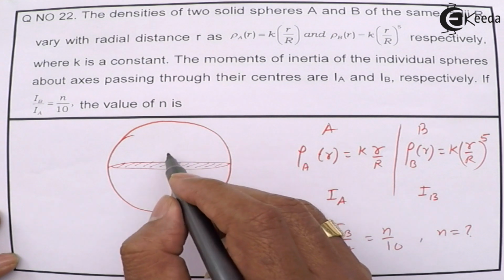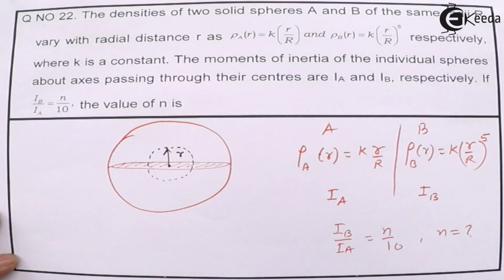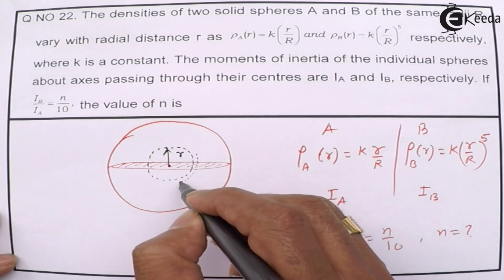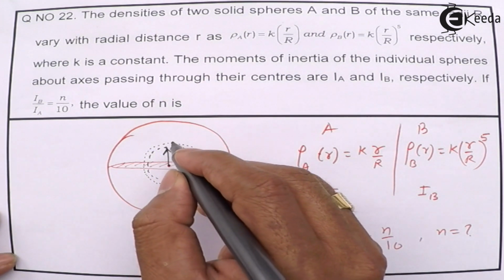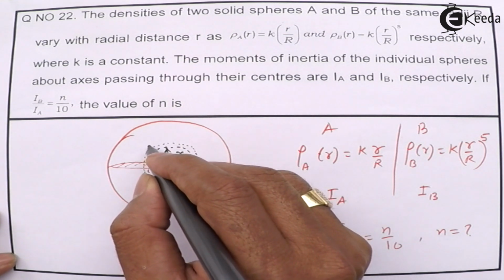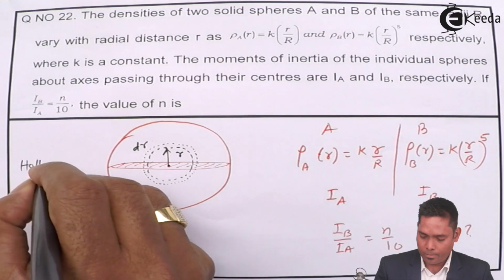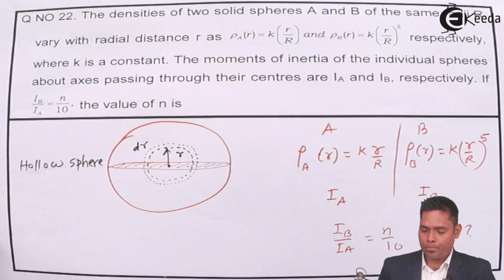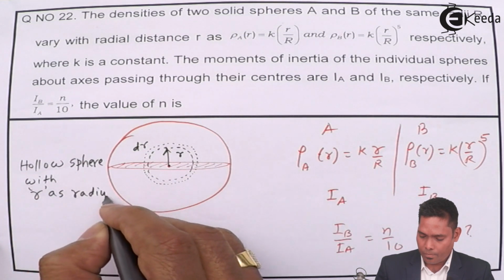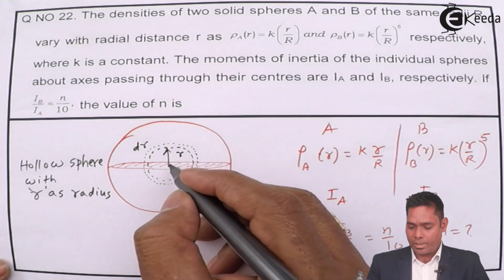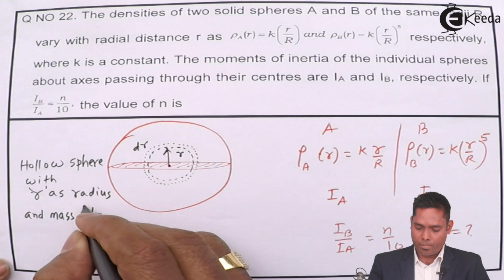If the density varies, then at a distance r, I'll consider a hollow sphere with thickness dr. So this thickness is dr, and this is a hollow sphere with r as radius. Suppose the mass of this sphere is dm.